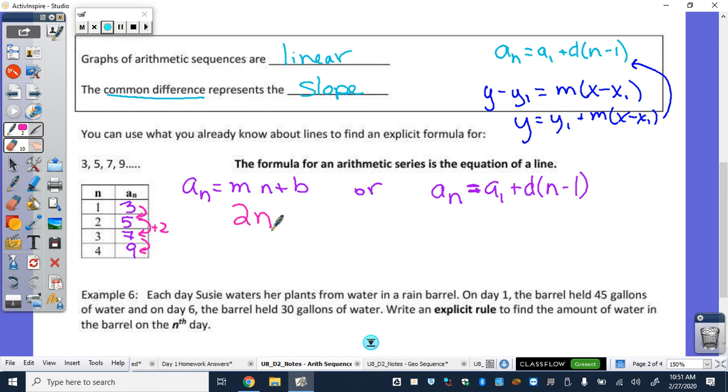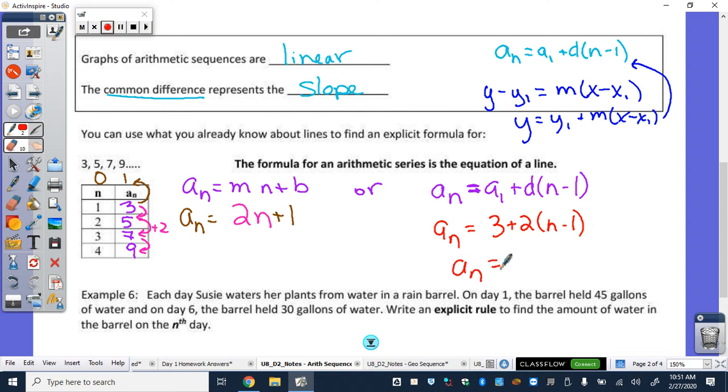To get our b value, how did we do that? Yeah, we worked backwards. So our b value here would be a positive 1. So you can go about getting your equation that way. That still works. Or some people just find this formula over here to be a little quicker, because then they don't have to do the whole working backwards to find your b value.